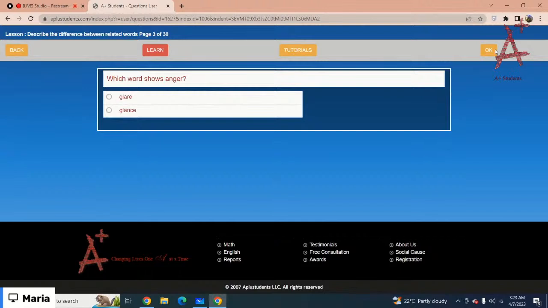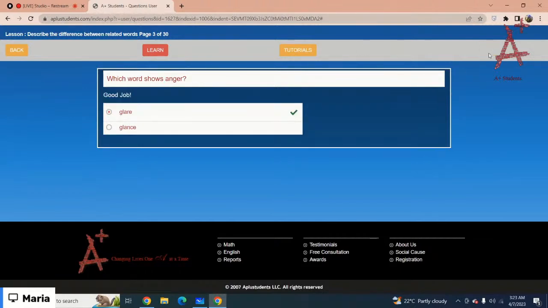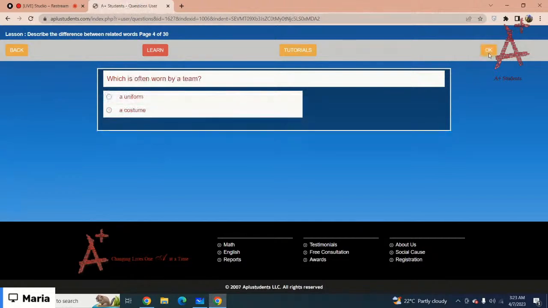Got it? Yes, that would be glare. The correct option is glare. Glare, not glance. Glare means to be angry. Which is often worn by a team, a uniform or a costume?